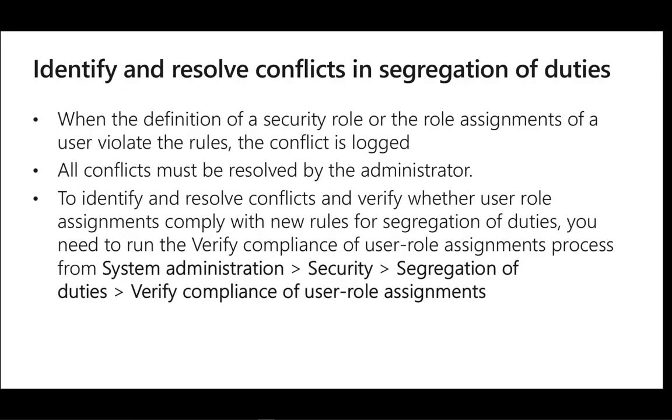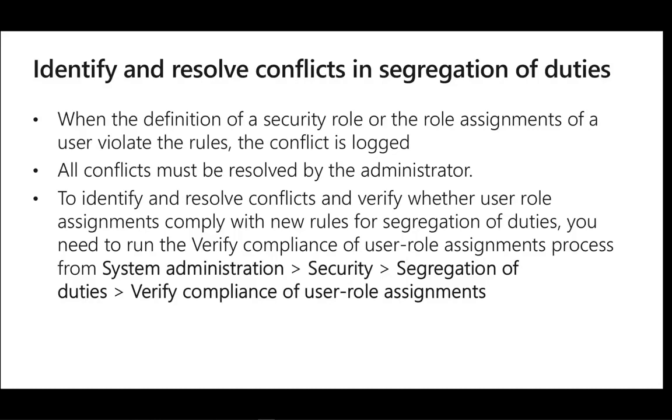After we click OK to run the process, a notification displays the result of the violations and the validation result. If there's a conflict, we can open the user's page and change the user role assignment. Conflicts are also logged on a segregation of duties conflicts page.